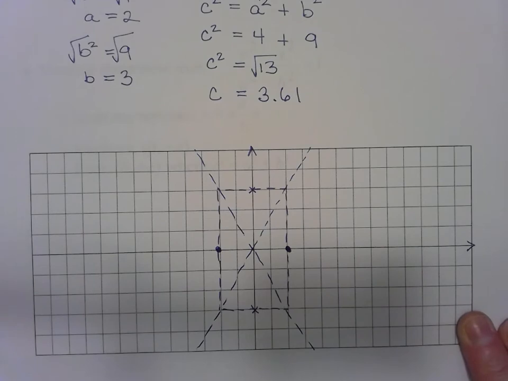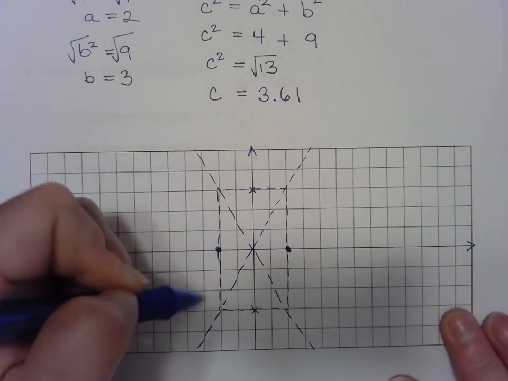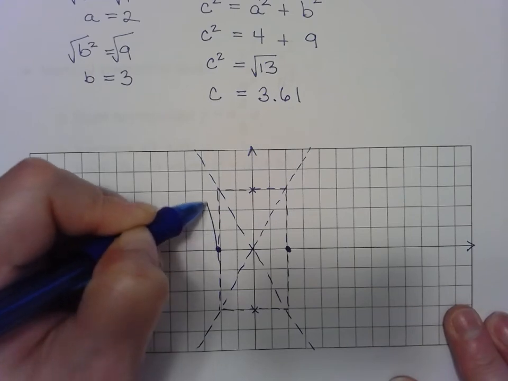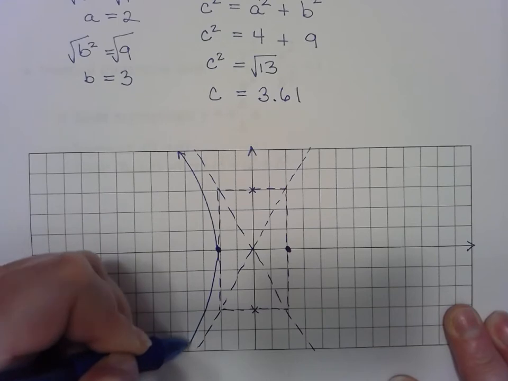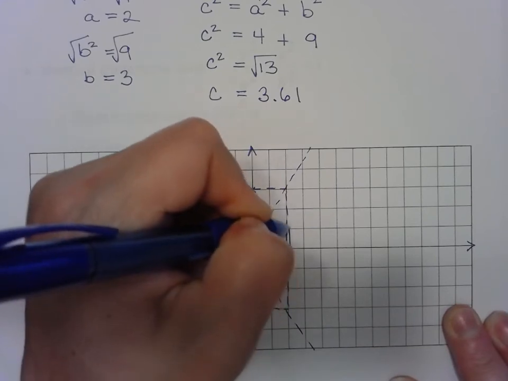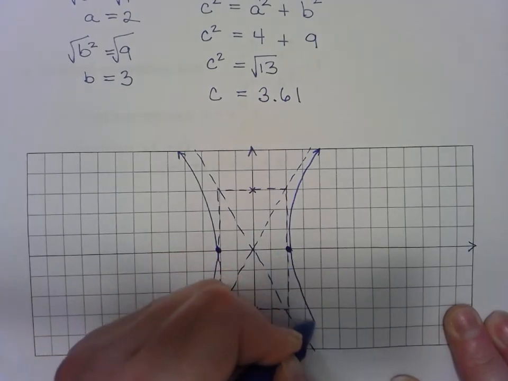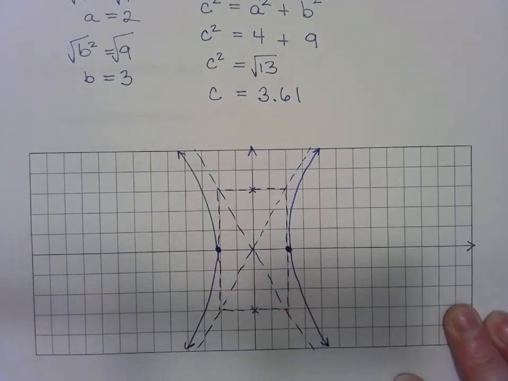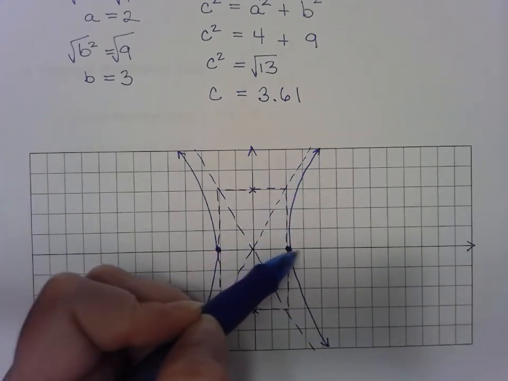Those will be the asymptotes. And now the curve, this is a very wide hyperbola. It's going to approach those lines on either side.